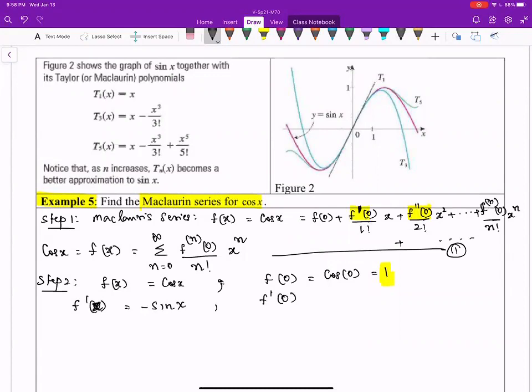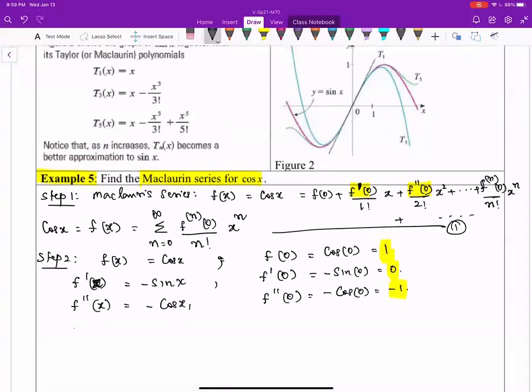And if you evaluate that at 0, it is negative sine of 0, which is 0. Then f double prime x is negative cosine of x. f double prime 0 is negative cosine of 0, which is equal to negative 1.